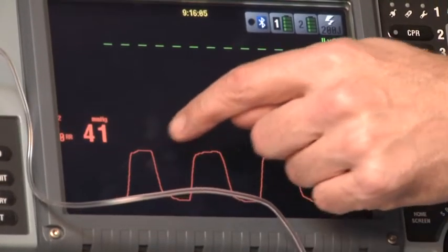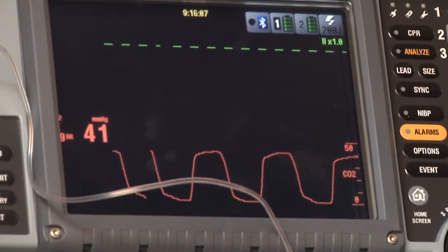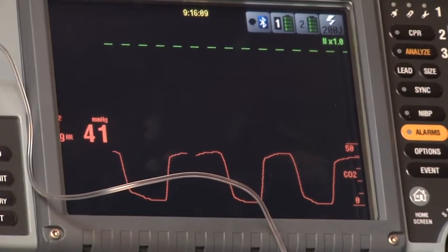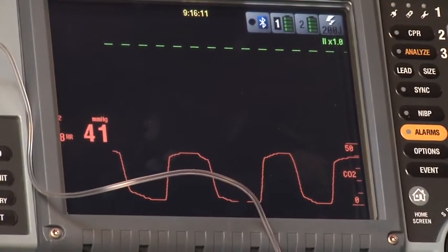And so what we're seeing here is a waveform that represents carbon dioxide that's coming out of the patient's mouth and nose. And there are two components to the waveform. One is the height of the waveform, which actually corresponds to the measured amount of carbon dioxide the patient is exhaling.